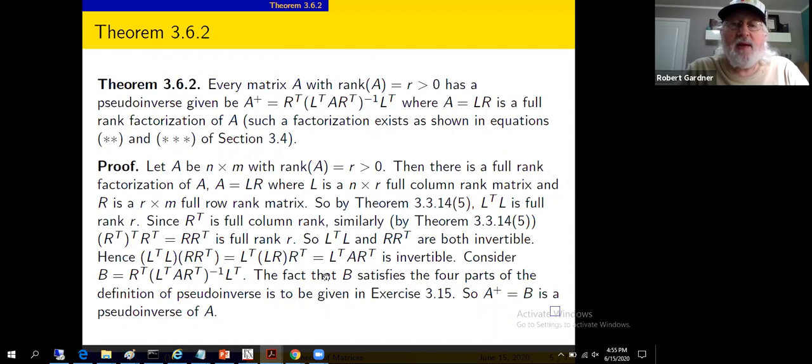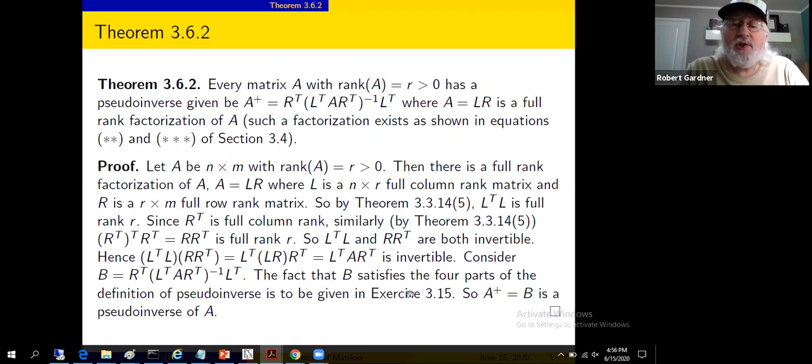So define matrix B to be R transpose times the inverse of what we were just looking at, which we know exists now, times L transpose. This establishes that B is well defined and exists. Invertibility is the main concern.